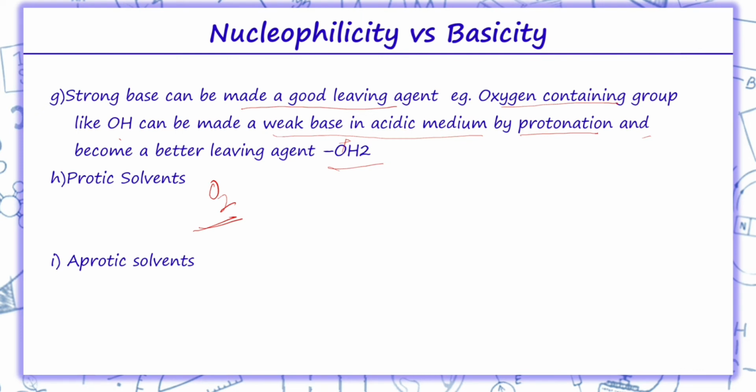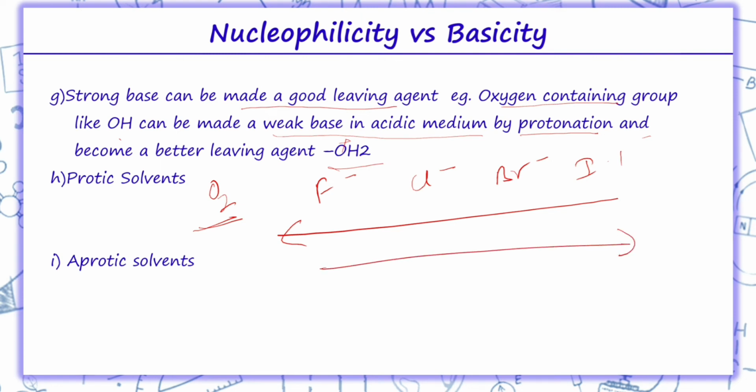So when we talk about protic solvents, nucleophilicity is the reverse of basicity. That is F minus, Cl minus, Br minus, I minus is the decreasing basicity sequence, but from here to here it is the increasing nucleophilicity sequence.